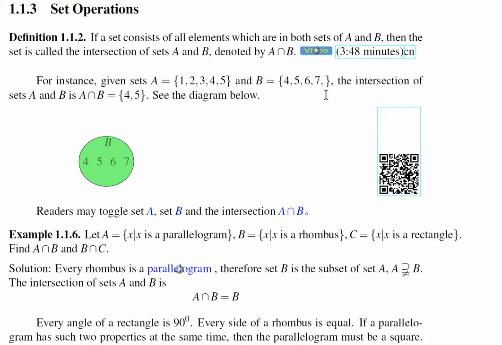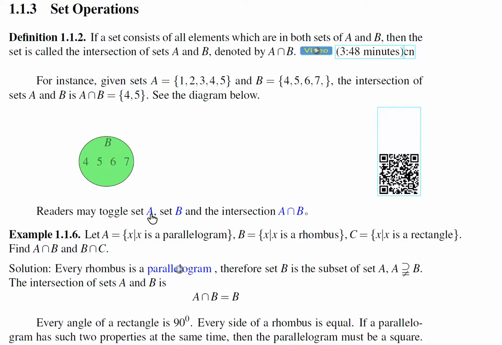And then, what's the intersection? Intersection is the common part of A and B. 4, 5 in A, 4, 5 is also in B. So the common part of A and B will be 4, 5.